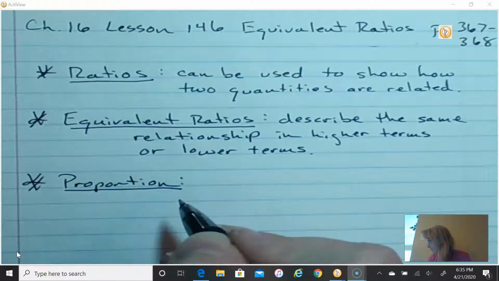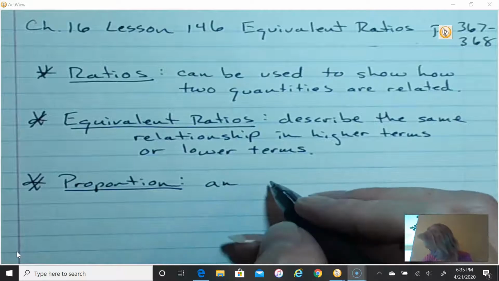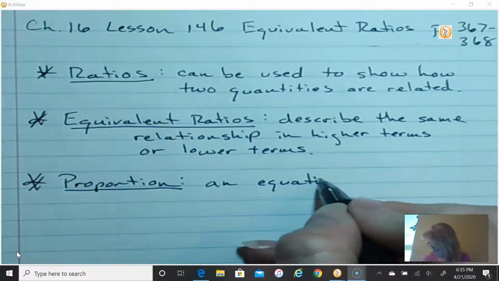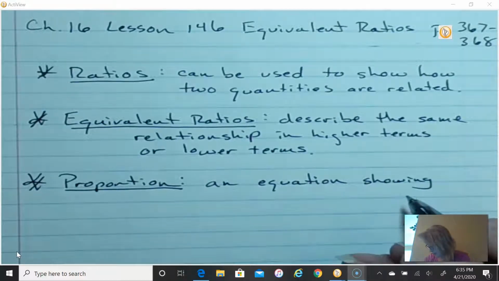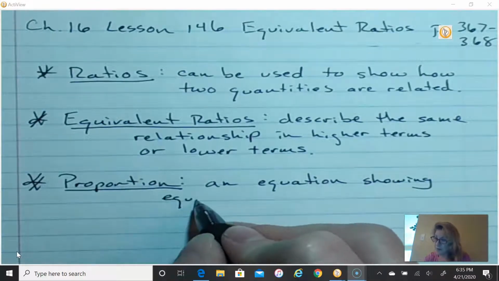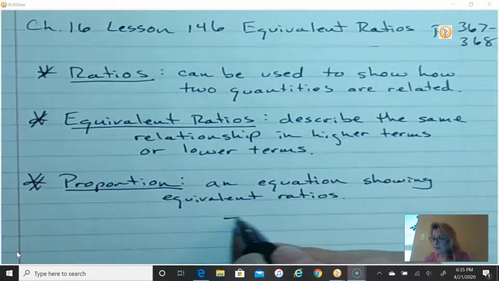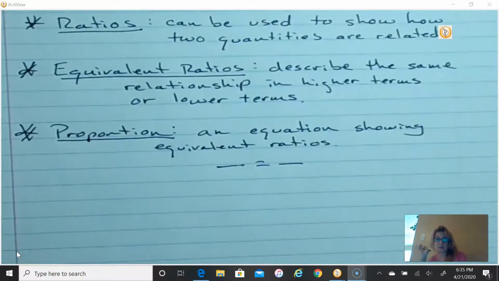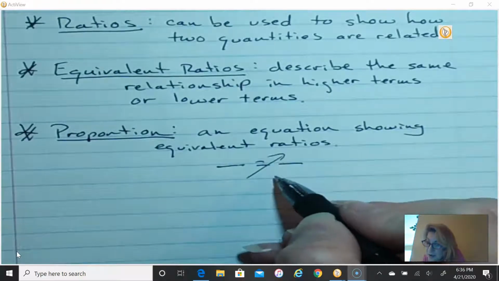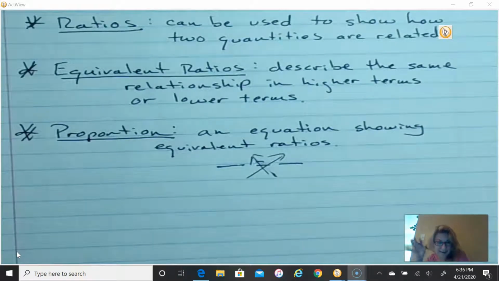A proportion is an equation showing equivalent ratios. It looks like this. Here's a fraction with an equal sign and a fraction. There you go, proportion. And you remember when we had those? Remember what we did? Cross multiplication. You remember that? See, we've done all this stuff before. That's why I'm saying this is going to be so easy.